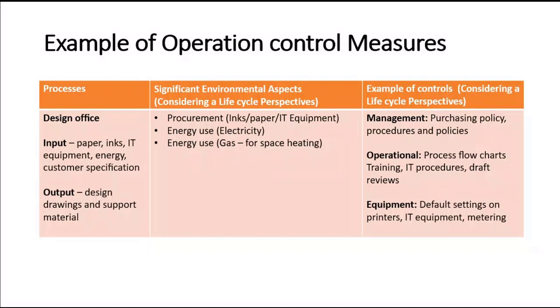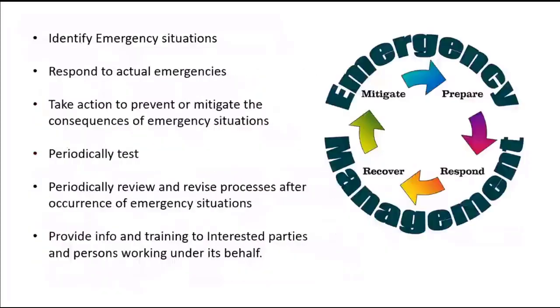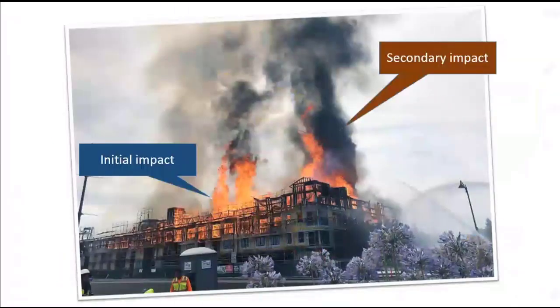So these 2 keywords are important: the operational control measure. Second, during operations there might be a situation we call an emergency. Therefore, you need to prepare and respond if this emergency situation occurs during operation. So that is the summary of class 8. Now we go to class 9.